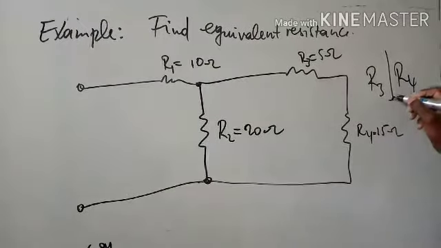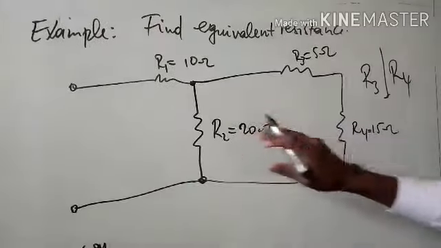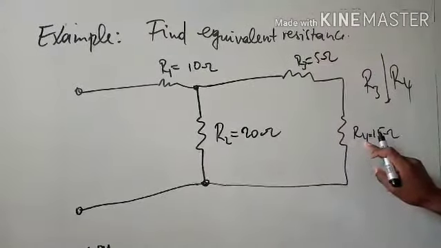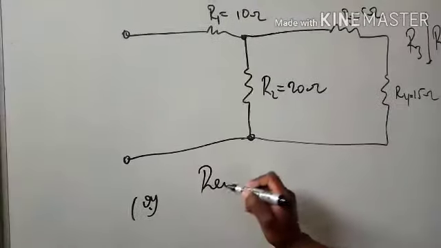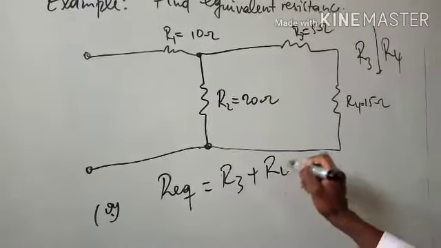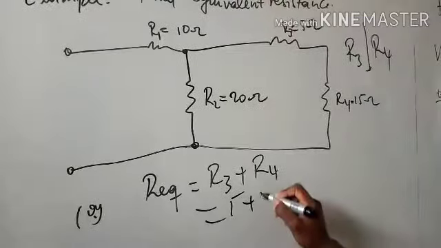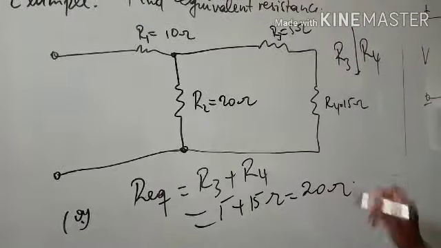After being in series, they give R equivalent equal to R3 plus R4, and we get 5 plus 15, which is equal to 20 ohm.